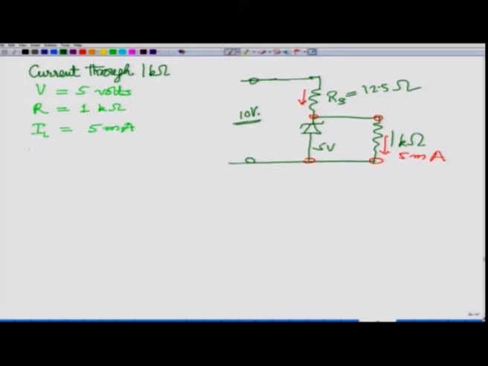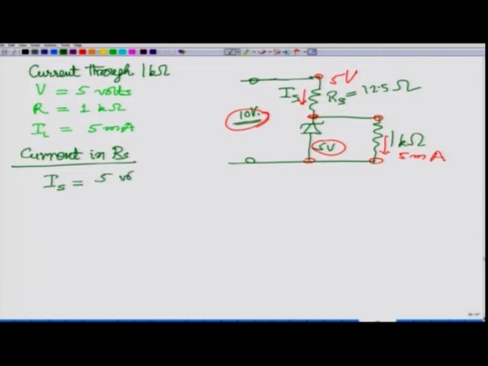Current in RS. So, on RS the potential difference between these 2 points is still 5 volts, this 10 volt minus this 5 volt is 5 volt. So, 5 volt is here, and therefore, this current will be IS in RS. So, let me write it, IS, this current here IS, this will be 5 volts divided by 12.5 ohms.